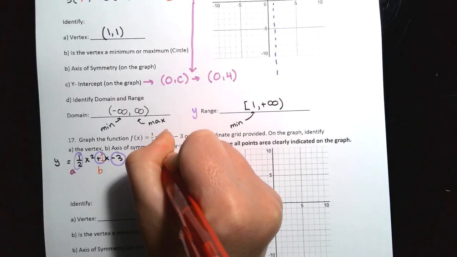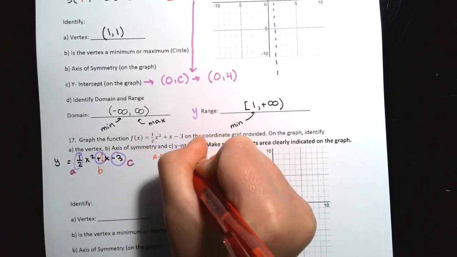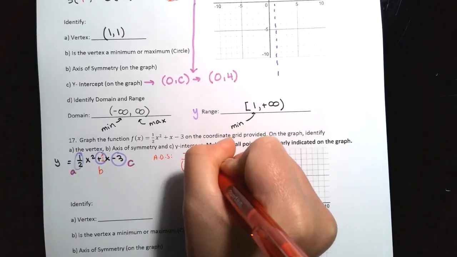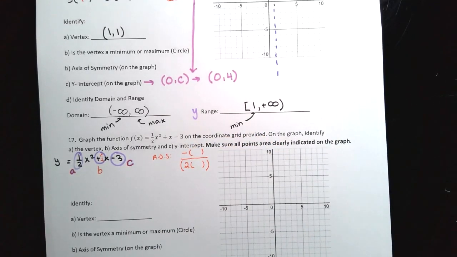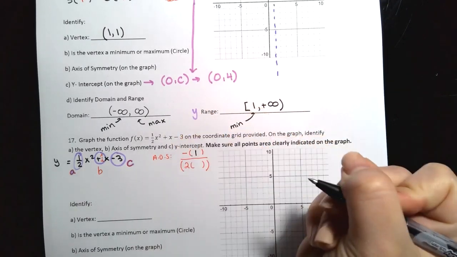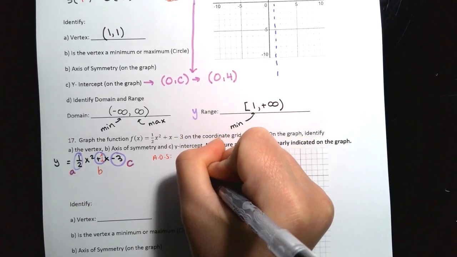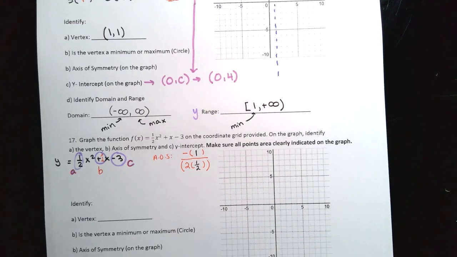Let's do our axis of symmetry, negative b over 2a, and again, double parentheses if you're using a calculator. Our b value was a positive 1. Our a value is 1/2. Now, because we have opened up parentheses to put in our substitutes, 1/2 ends up already being in a fraction, so you don't have to do extra fractions or extra parentheses.